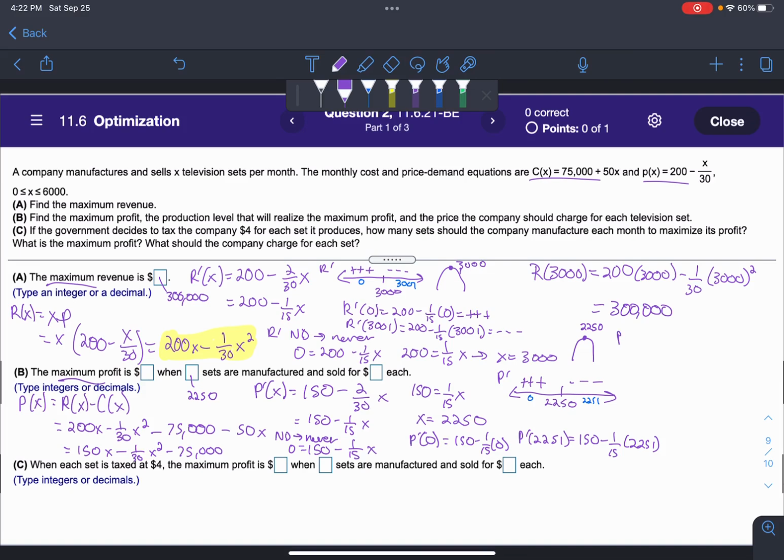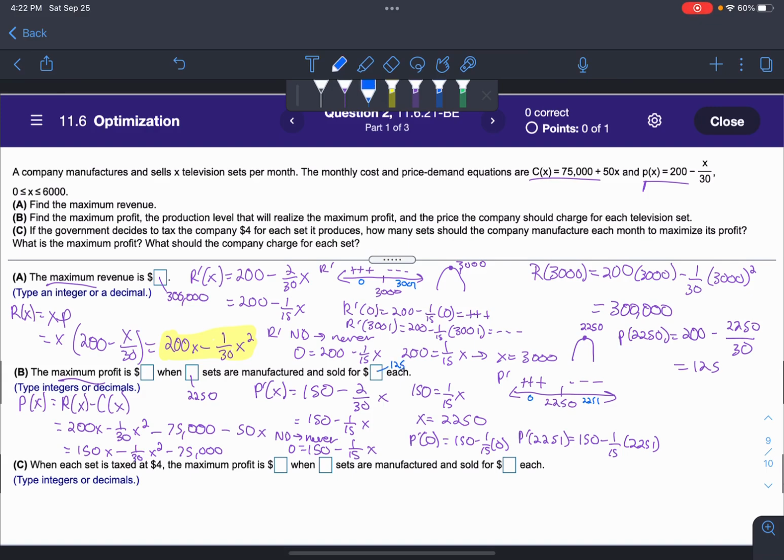It's given to us by our price demand function, the small p. So p of 2250, so 200 minus 2250 over 30. And this, I believe, gave me 125. So this will be, I'll write it in blue, 125.